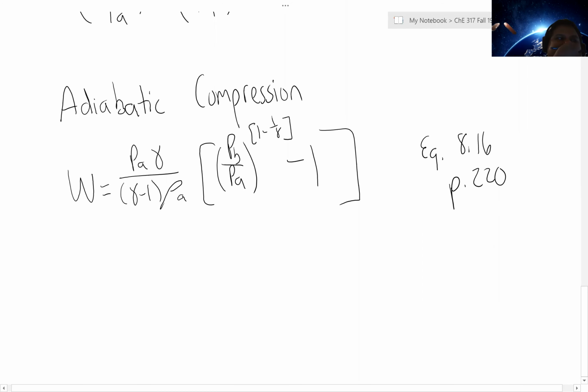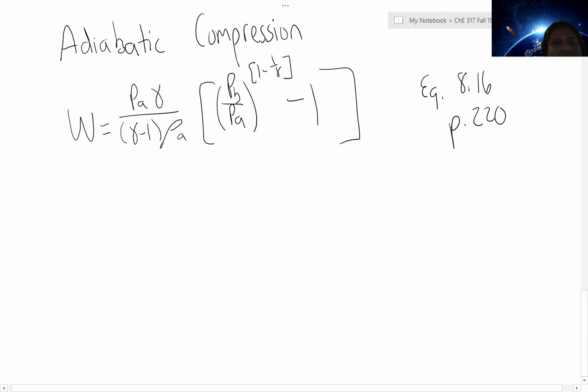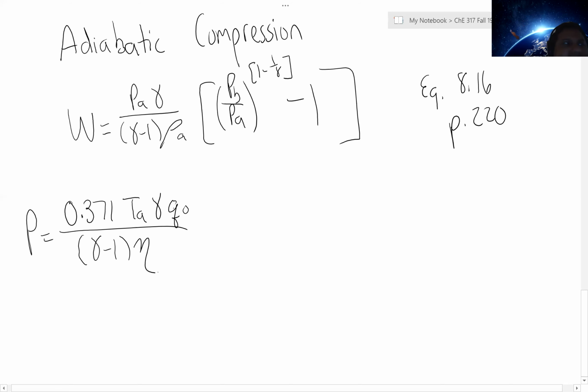And we can also calculate the power for adiabatic compression by this following equation: 0.371 times temperature times gamma times our flow rate initially divided by gamma minus 1 times our efficiency times our quantity of our pressure ratio to the 1 minus 1 over gamma, minus 1.